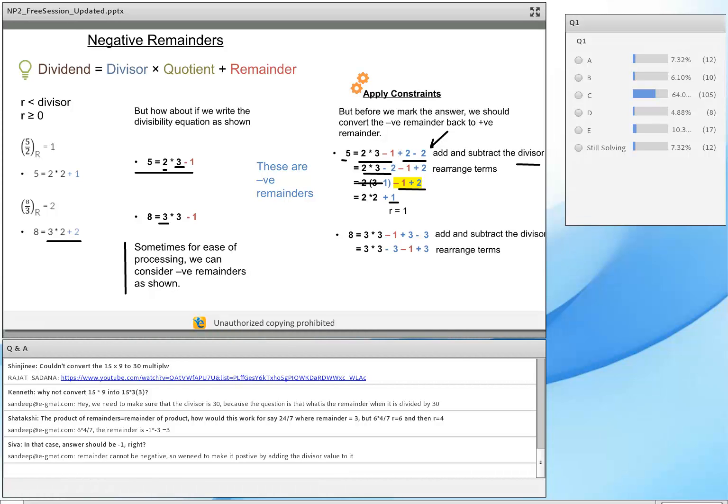We rearrange the terms the same way we did with the other case, and you get 3 times 3 minus 3, plus 3 minus 1, which is 3 times 2 plus 2, and you get the remainder as 2. The concept of negative remainders is really important when we deal with certain visualizations.